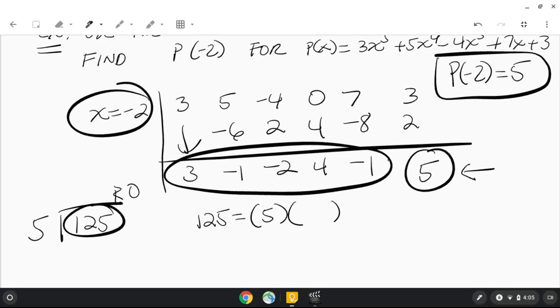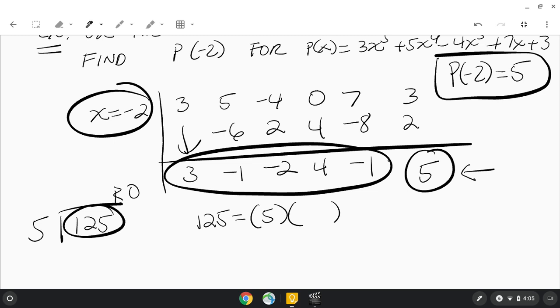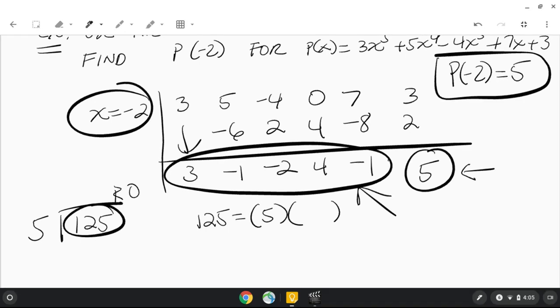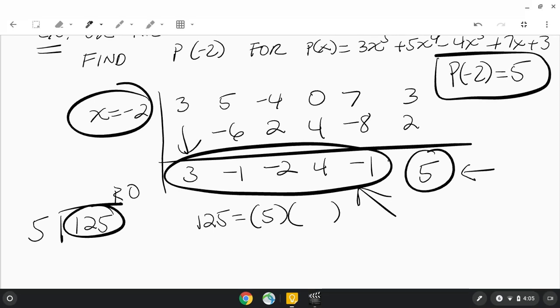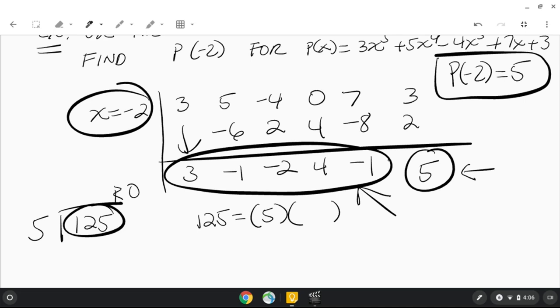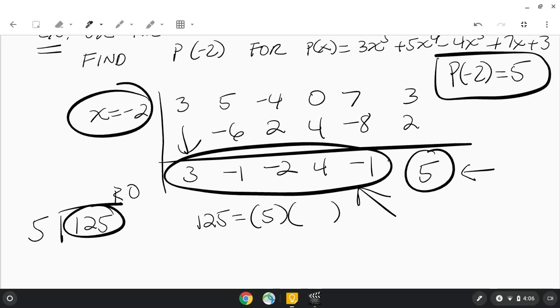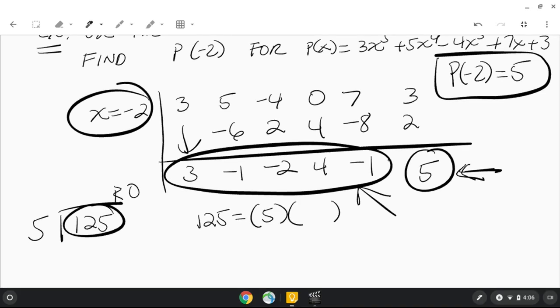When higher degree polynomials are not factorable, we try to get it down to a degree 2 or down to a polynomial that is factorable. But in order for us to get there, we're going to have to do some work using the synthetic division until we get a 0 here. So that's what we're going to be aiming for in 3.4.